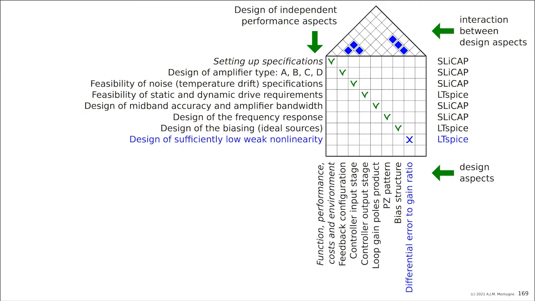So probably we can add gain without increasing the differential gain of the loop gain. That is important to understand. It's all in the book. So the differential error to gain ratio.